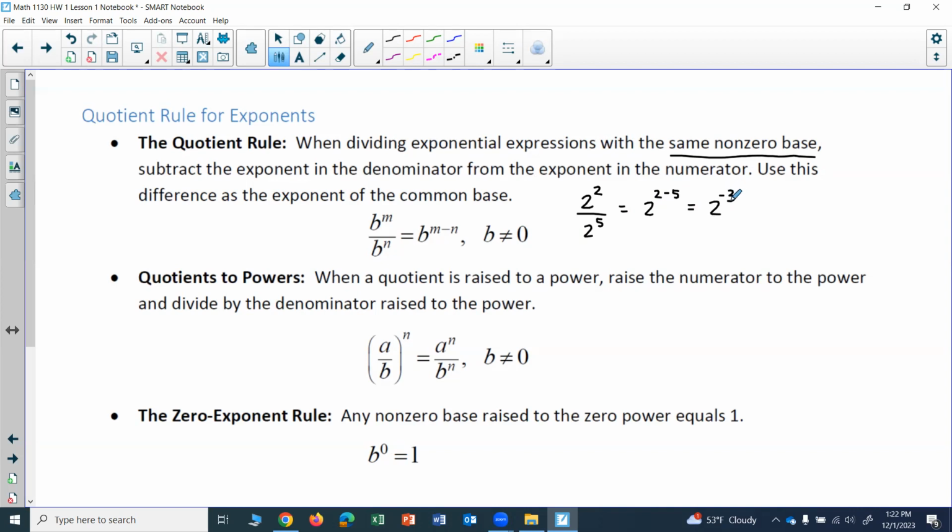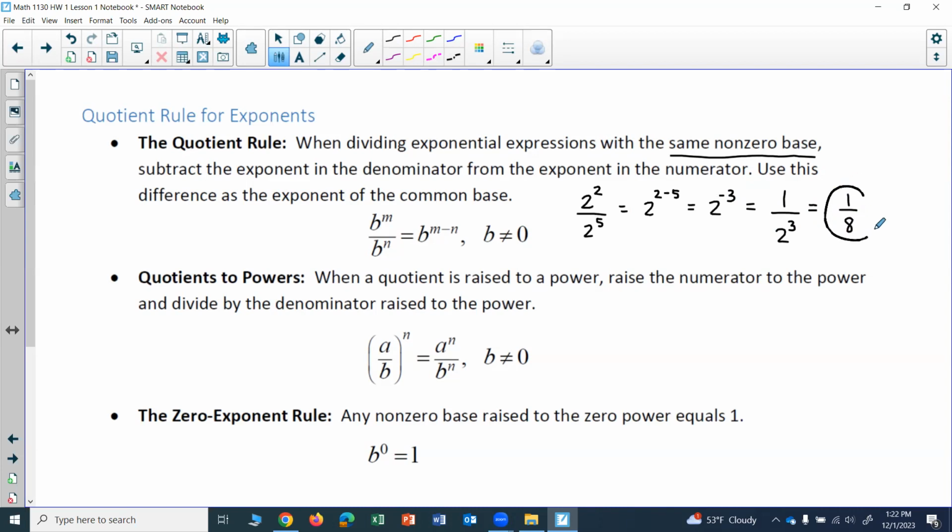It's okay if you get a negative, but then I want to use the rule from the previous lesson, where I rewrite the negative exponent by moving the base 2 down to the denominator and changing the sign on the exponent. So this would be the same as 1 over 2 cubed. And 2 cubed is 8, so that would equal 1/8.